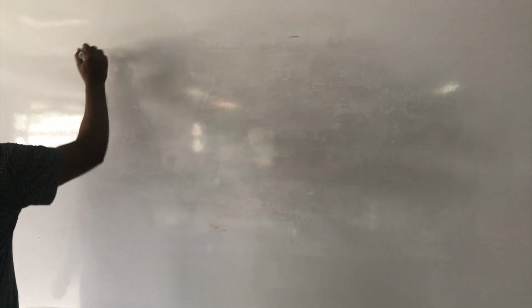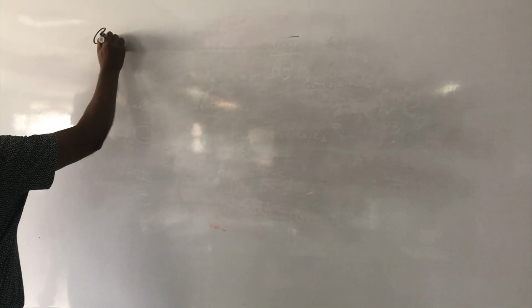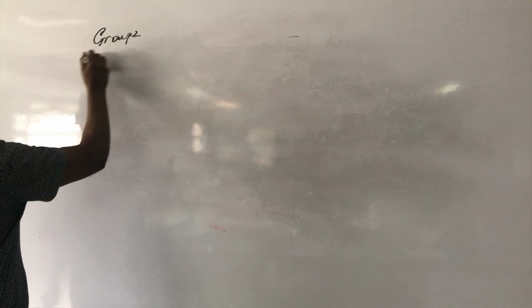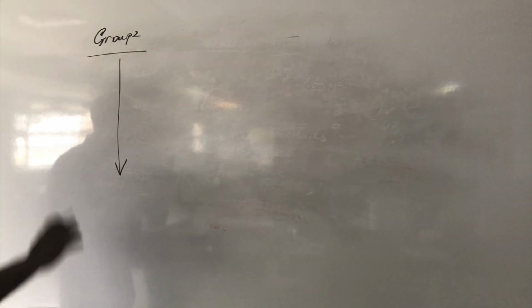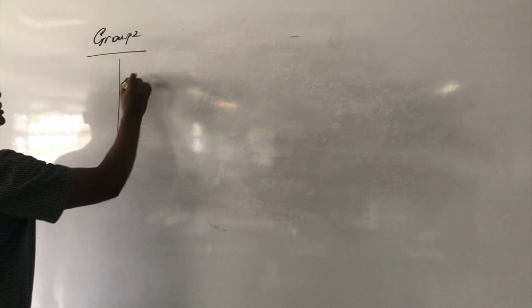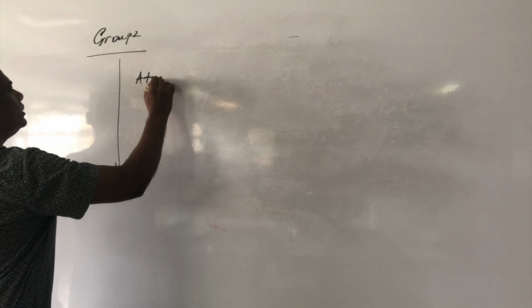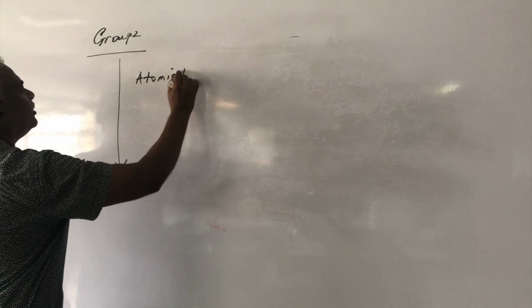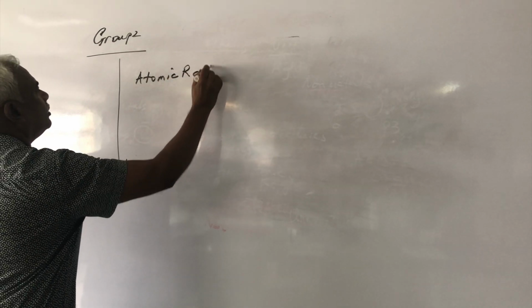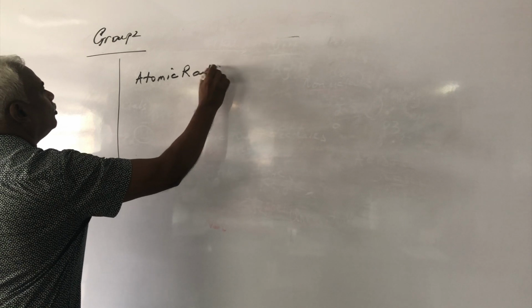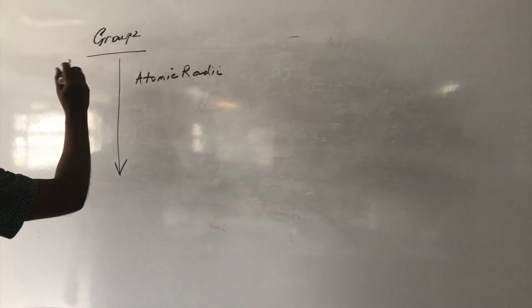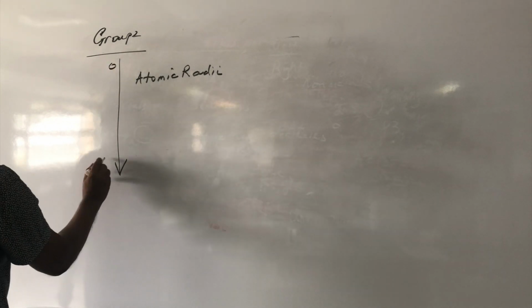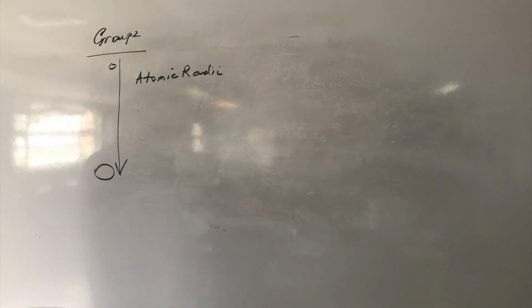Let's look, for instance, at group 2. As you go down group 2, as you descend group 2, the atomic radii increases.